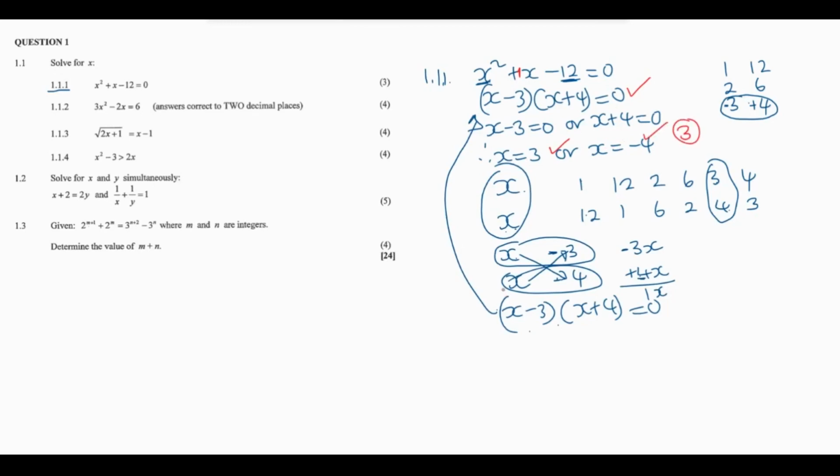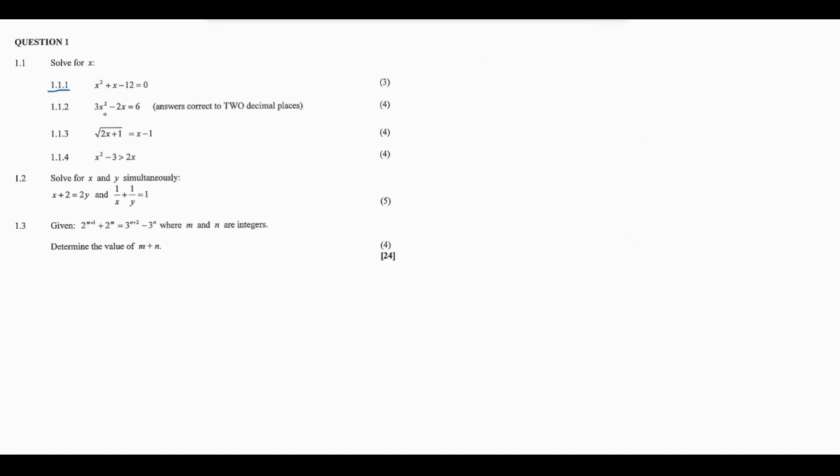Let's do question 1.1.2. We are given 3x squared minus 2x is equal to 6, and we are solving for x. Answer correct to 2 decimal places. So here we have to use the quadratic formula. We have to write our equation in standard form first. It's going to be 3x squared minus 2x minus 6 is equal to 0.